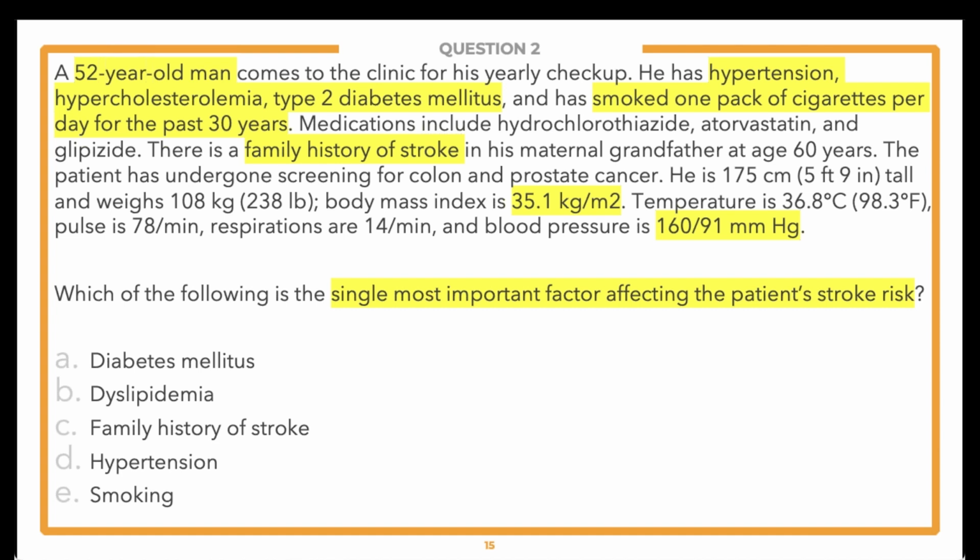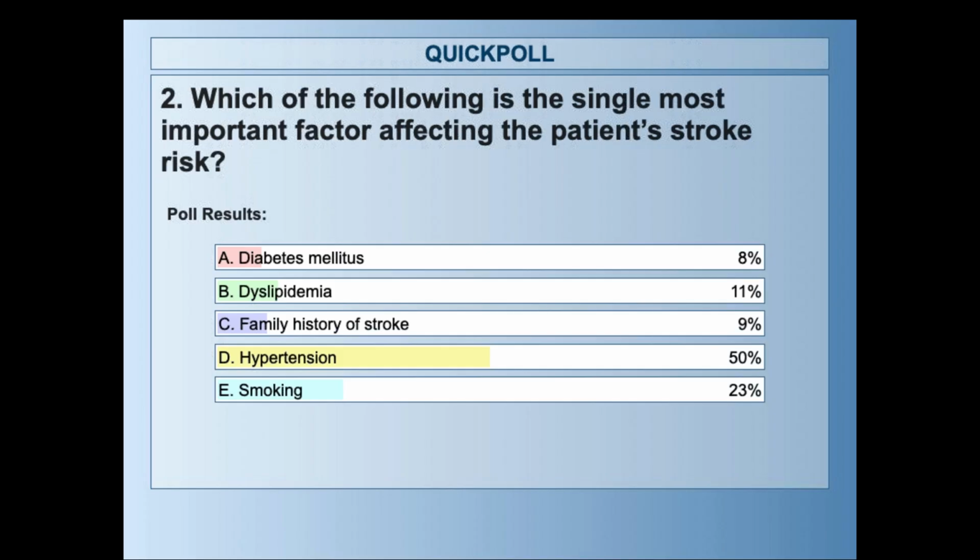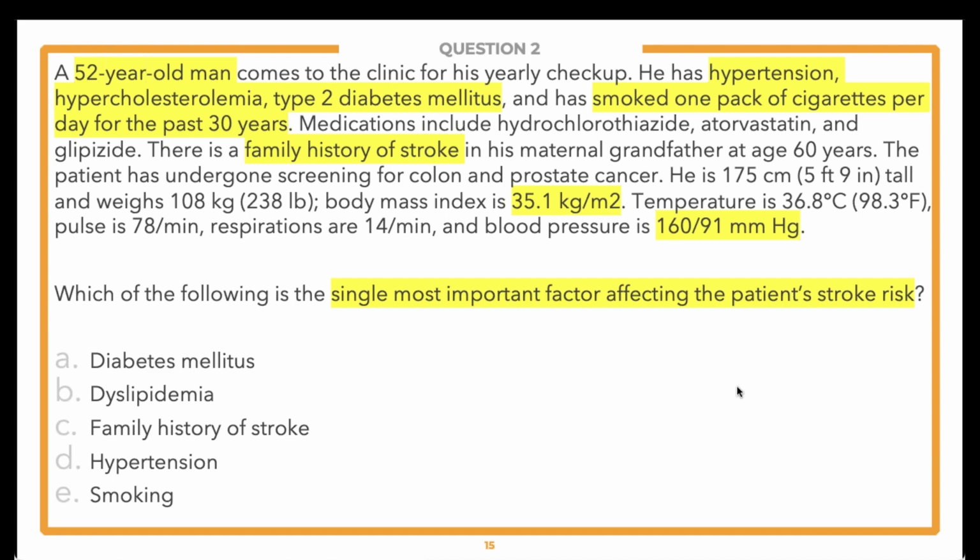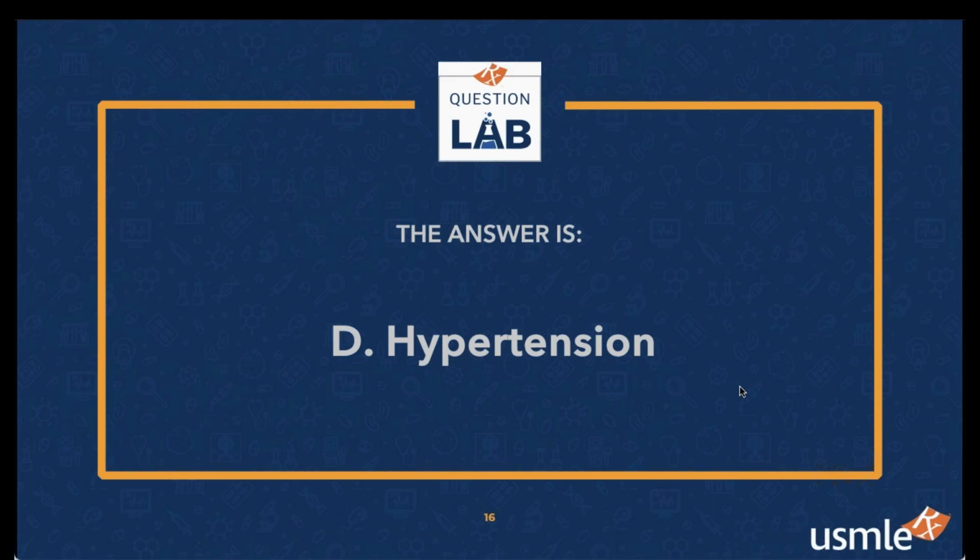So look at that, about half of you went with hypertension, and almost a quarter of you went with smoking. Dyslipidemia coming in third place, and family history of stroke and diabetes pretty much right on its heels. So again, crowd consensus is behind answer choice D. So what I'm going to do is I'm going to hide the results and reveal the answer.